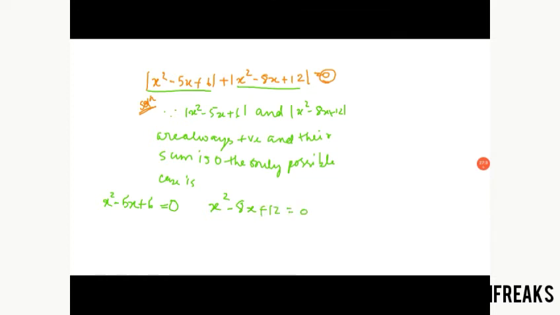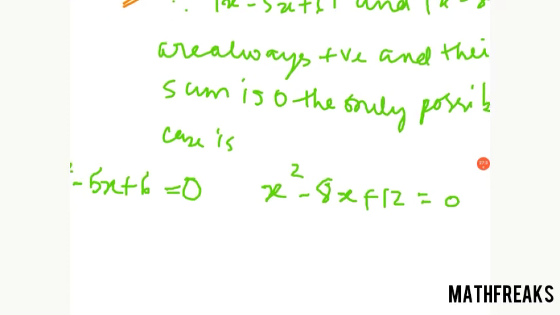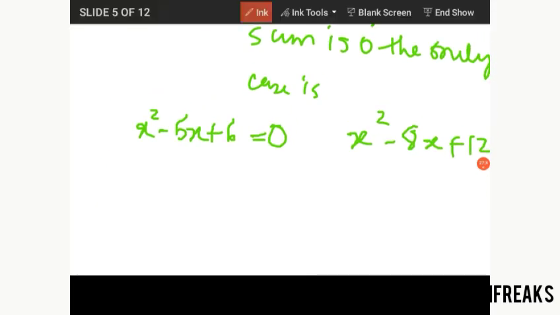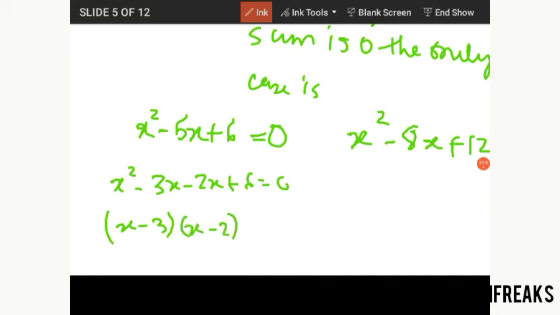Correct. Now if you just solve for these equations, you are going to get the values of x. So x² - 3x - 2x + 6 = 0, or (x - 3)(x - 2) = 0.